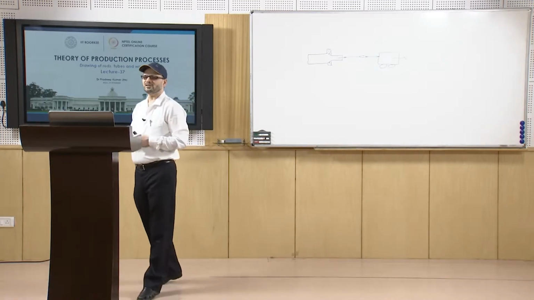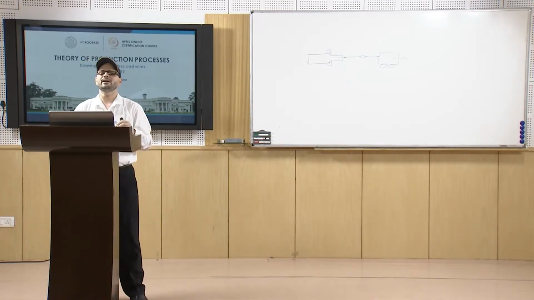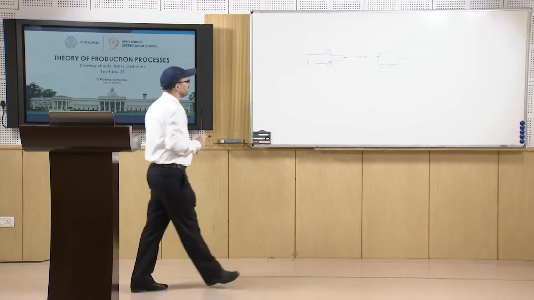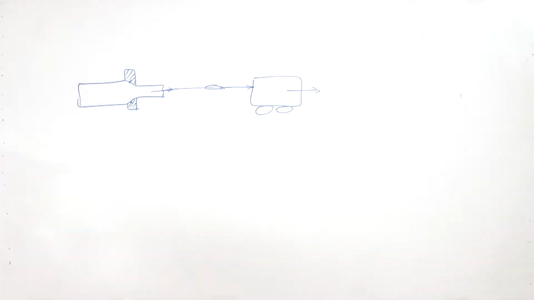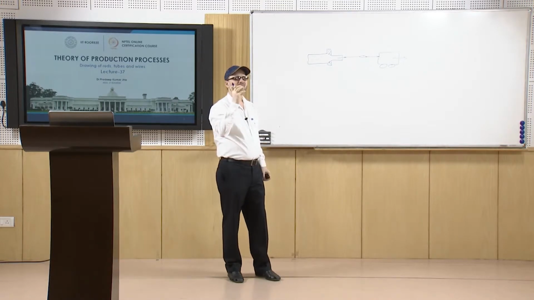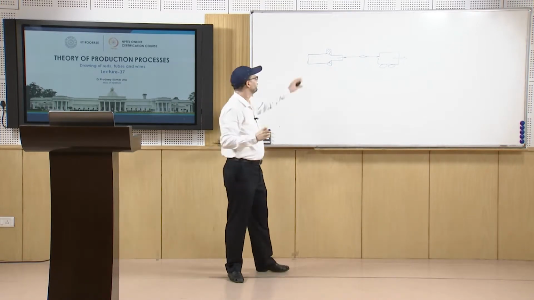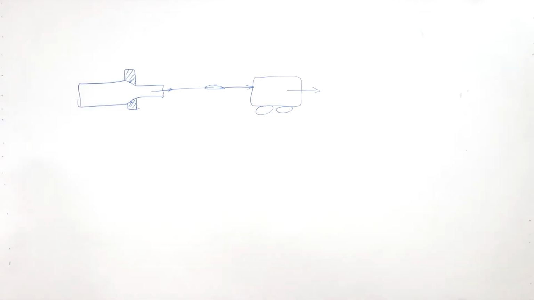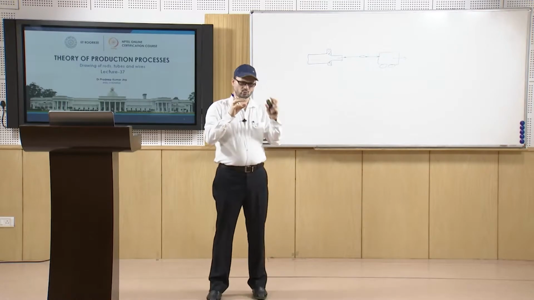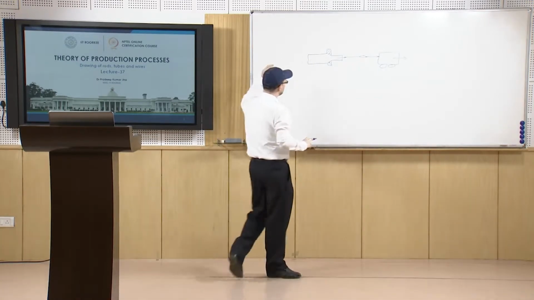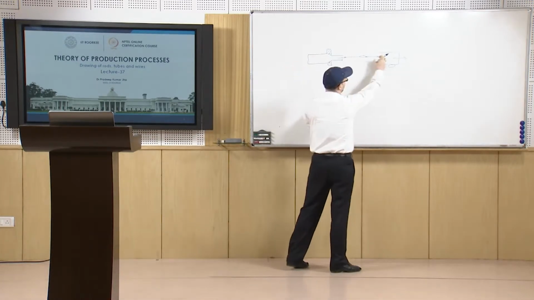And on the draw benches, first of all, when you have to insert this portion into it, initially you make the end of the rod pointed with the help of a swager before inserting it in between the die. Once you make it pointed, then you insert it through, and then you hold it from here.